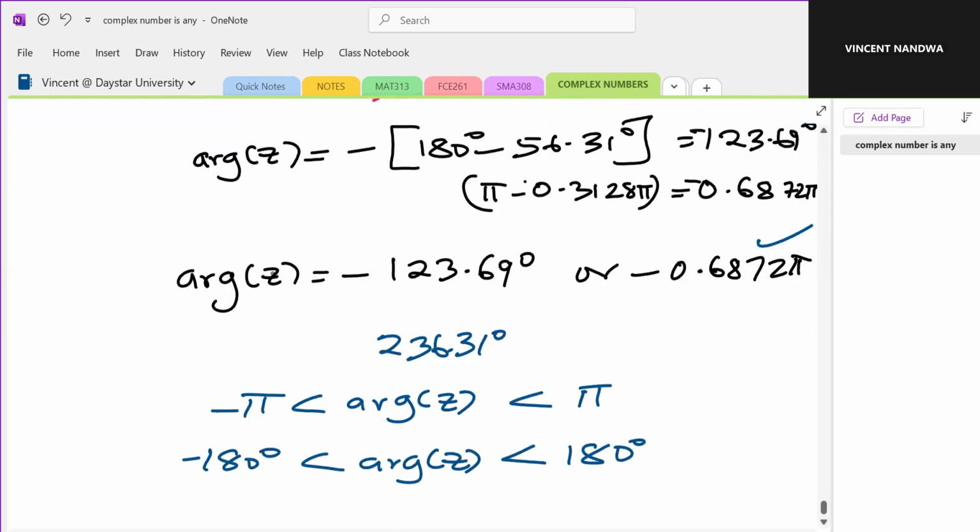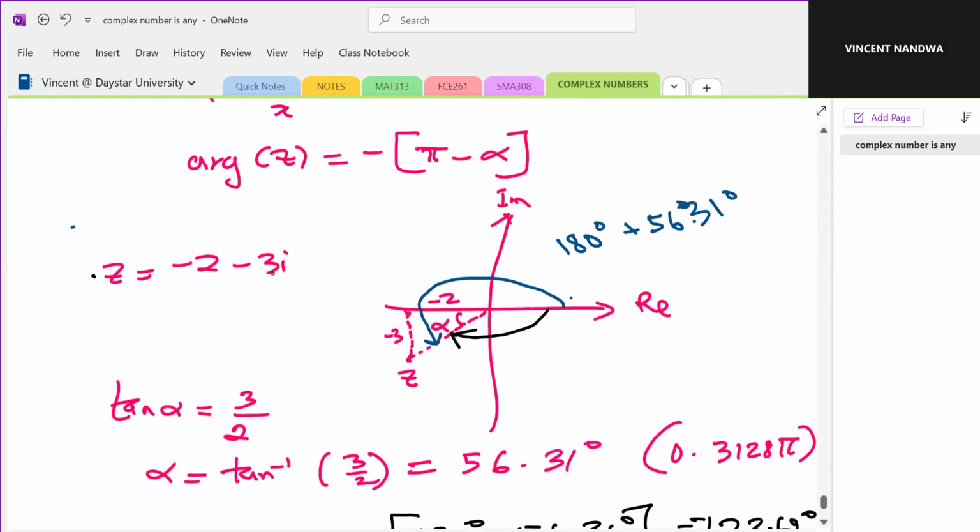So if you say this is quadrant 1, this quadrant 2, this quadrant 3, and this quadrant 4, then remember that the direction which is positive is from the real positive axis going in the anti-clockwise direction. So if this is the motion you are picking, then all your angles will be positive.